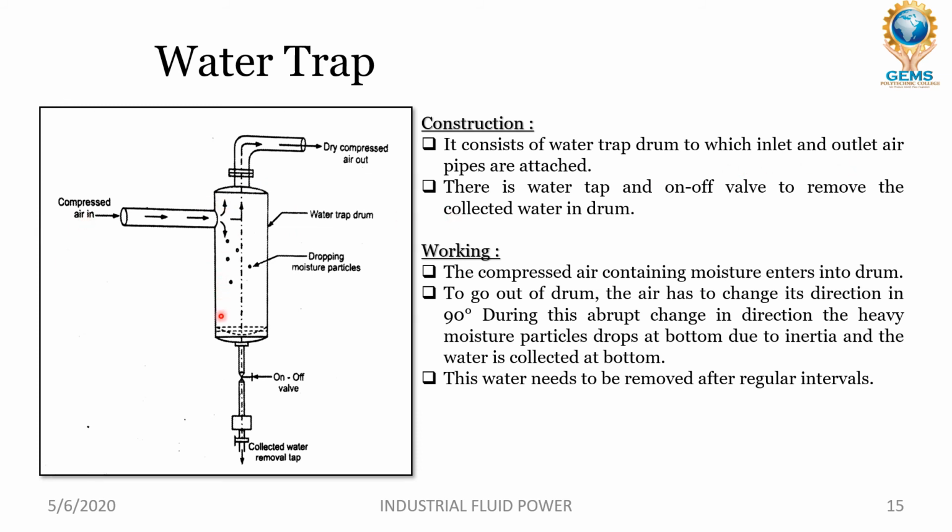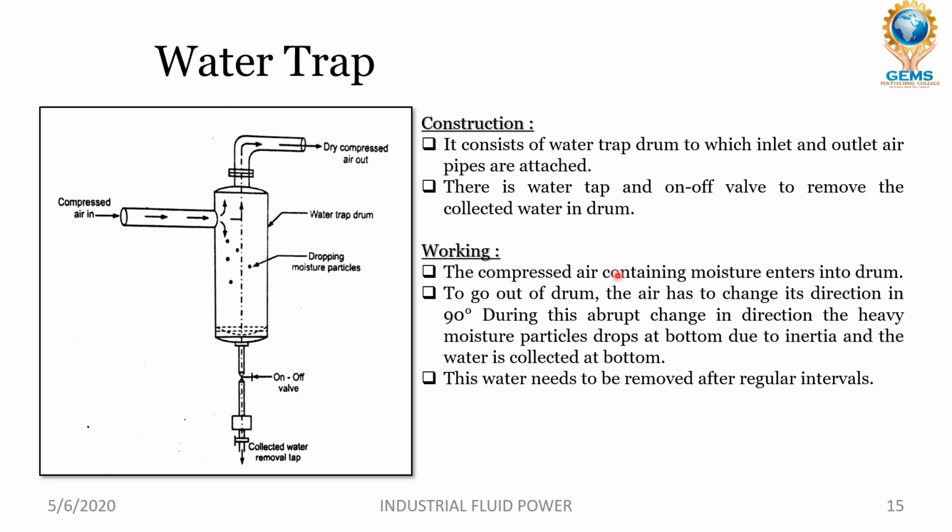So this water trap drum is attached with the inlet pipe and the outlet pipe. There is a water tap with an on off valve to remove the collected water in the drum. How does it work?